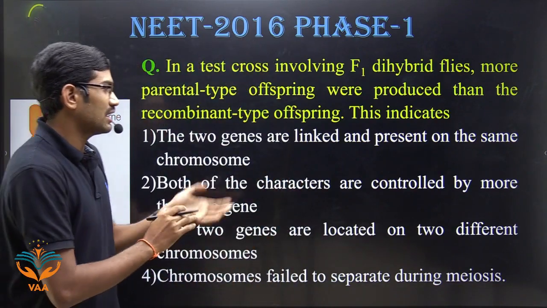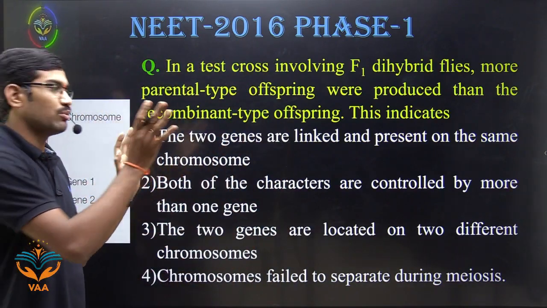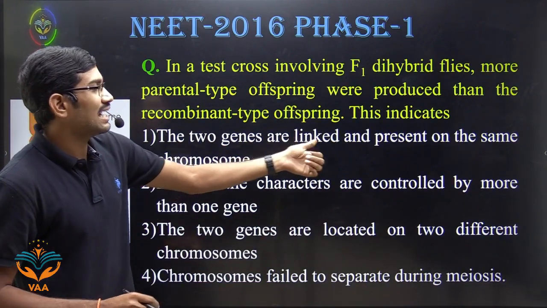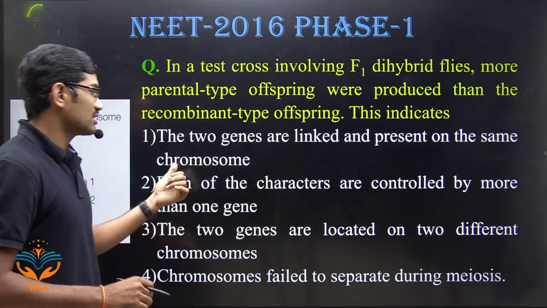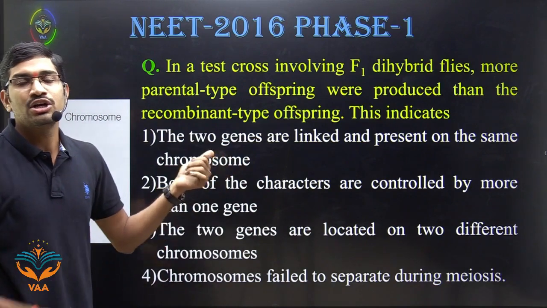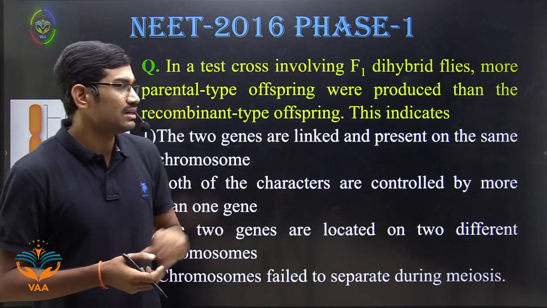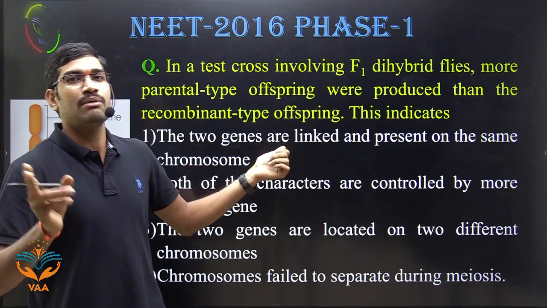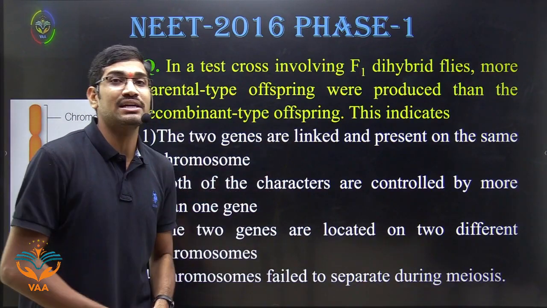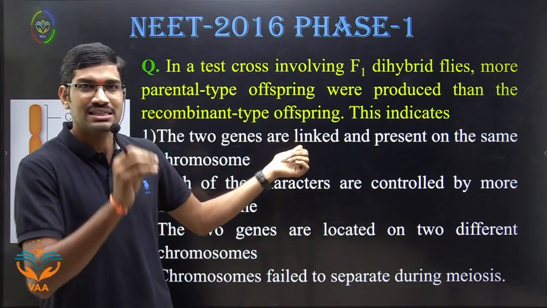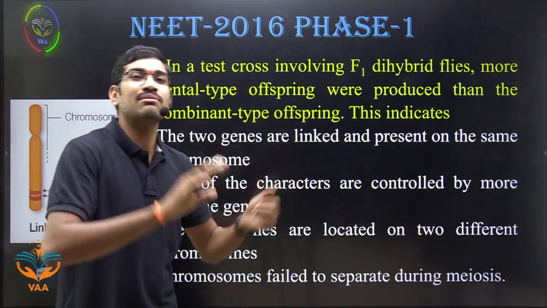Anyhow, these concepts you already know. So based on that point only we need to identify the correct statement. The two genes are linked and present on the same chromosome. Yes, this is correct. Two genes are linked. That is the reason why more parental types are produced. Please remember, here linked does not mean complete linkage. It is incomplete linkage, because at least some recombinants are formed. So linked here, in this context, means incomplete linkage.